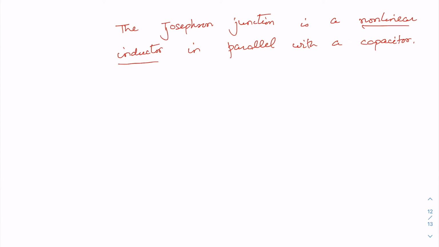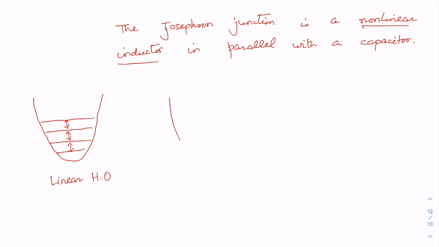In a linear harmonic oscillator all the energy levels are equally spaced. But when we have a nonlinear element like this Josephson element or nonlinear inductor, this harmonic ladder becomes anharmonic, and we don't have equal energy spacing.